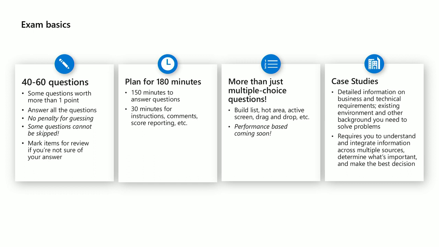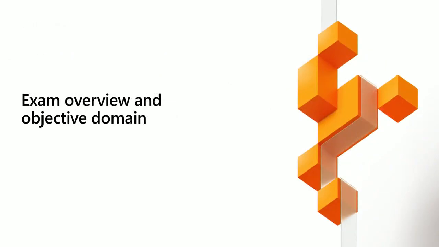And the last one is case studies, where multiple questions refer to the same case scenario. There will be a lot of words in the scenario, so the tip here is to review the requirements first, so you know what information you are looking for in the case study. Now, let's go to the exam overview and objective domain.